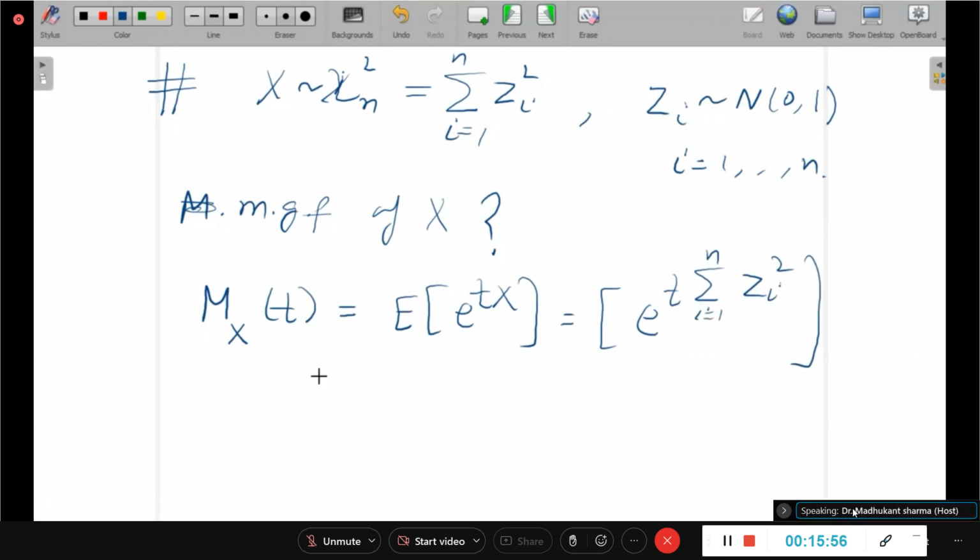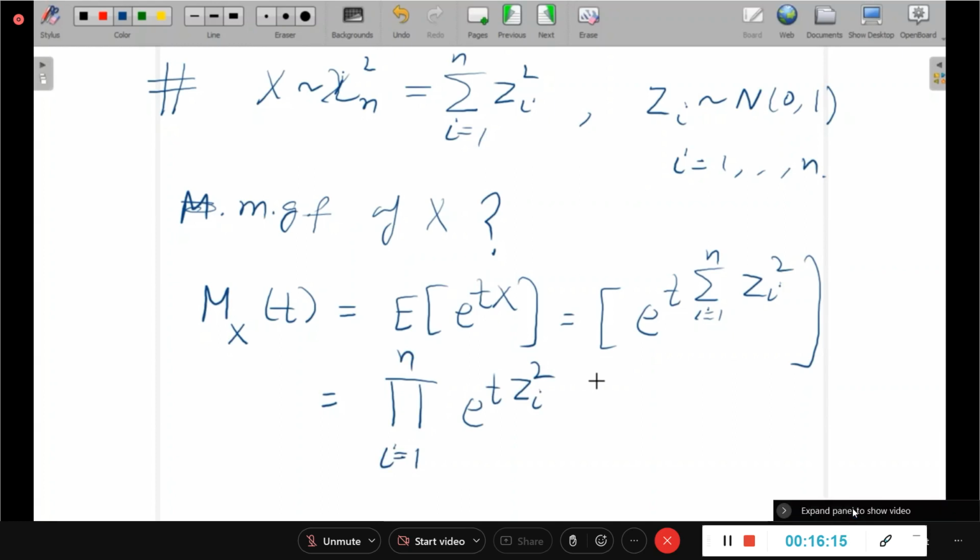Now this is equal to, I hope you agree, the product over i equals 1 to n of the expectation of e to the power t Zi square. Why? Because they are independent.